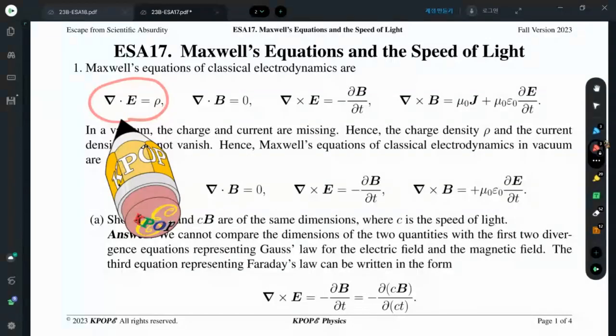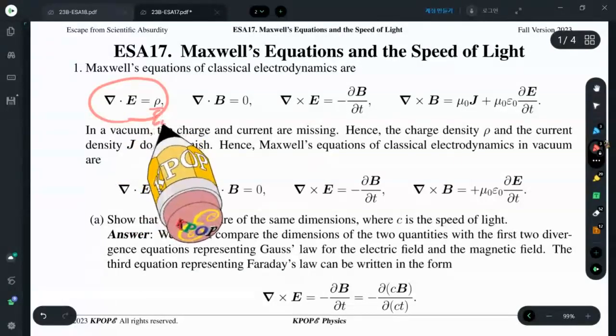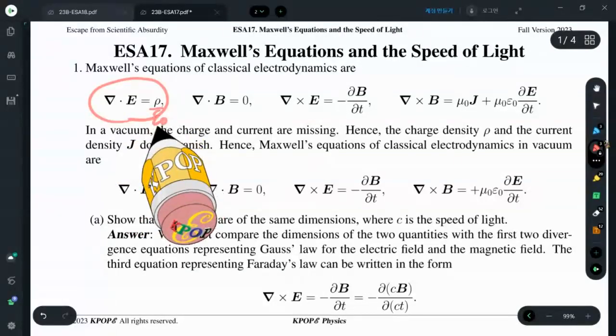By the way, epsilon zero is missing in here. If I make use of SI units, we need epsilon zero in this. So rho should be rho over epsilon zero.